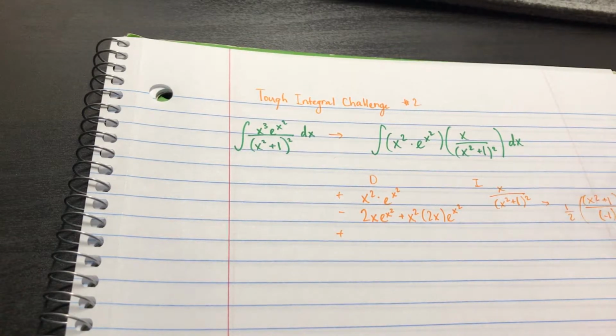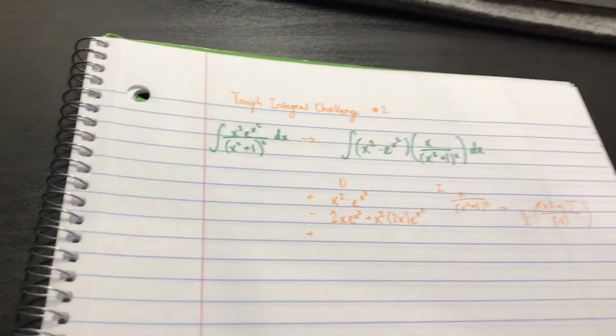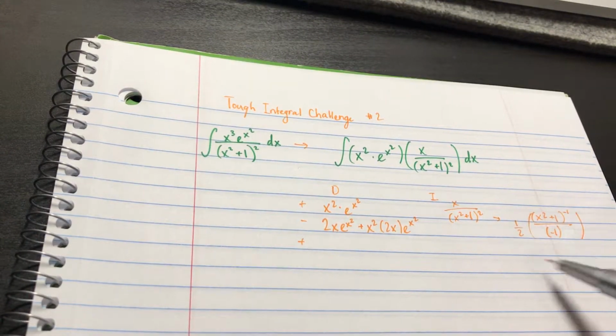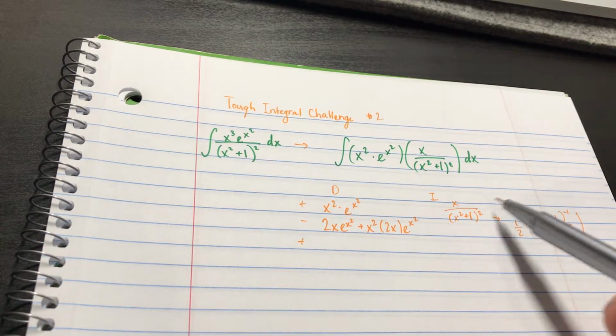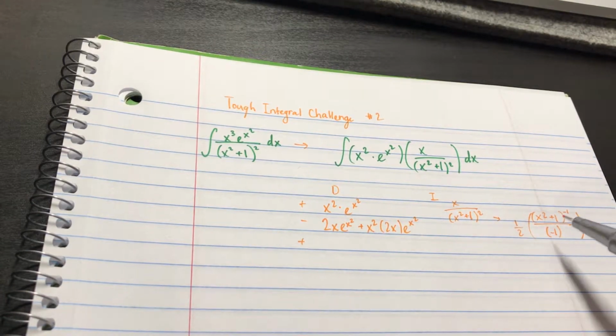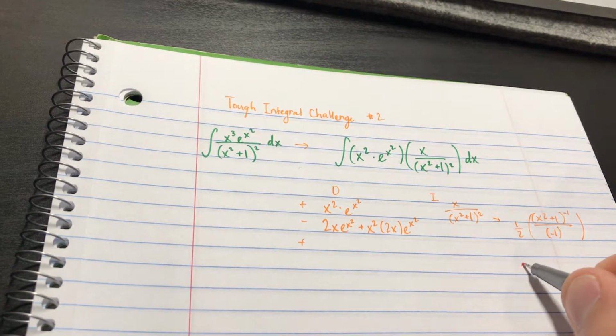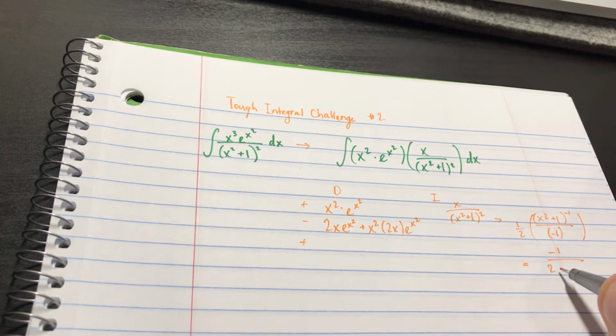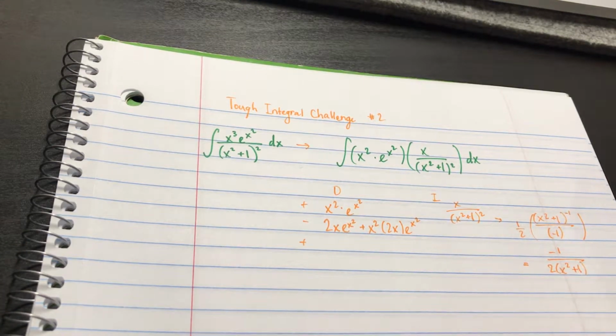And we can simplify the integral of this function, as we've done here, to make it look like this: negative 1 over 2 times x squared plus 1.